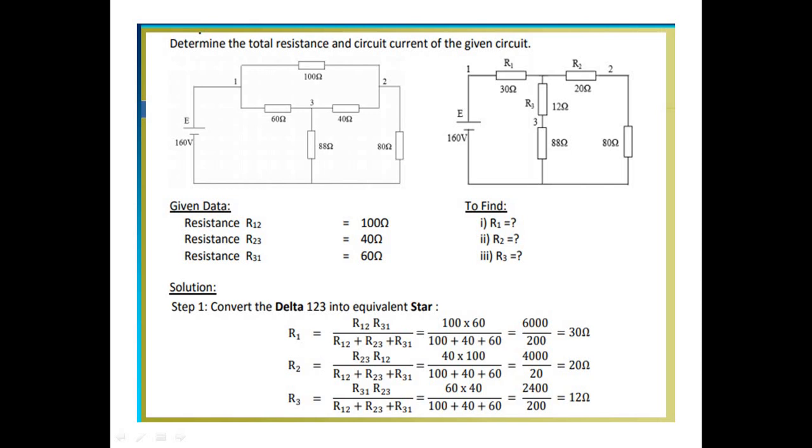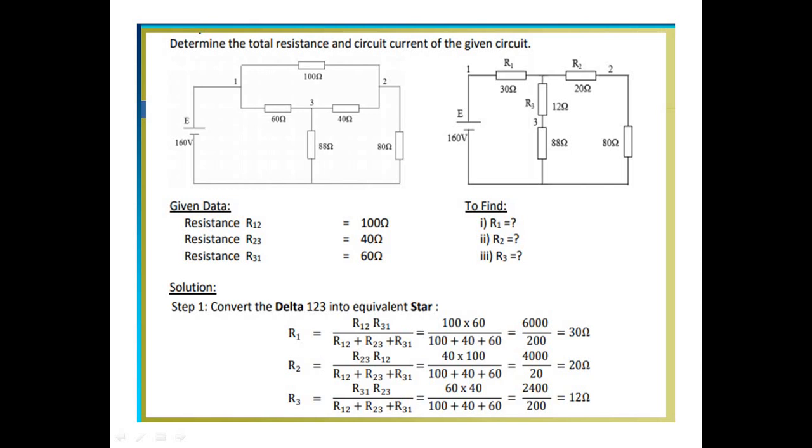R2 is equal to R23 into R12 divided by R12 plus R23 plus R31, is equal to 40 into 100 divided by 100 plus 40 plus 60, is equal to 4000 divided by 200, is equal to 20 ohm.